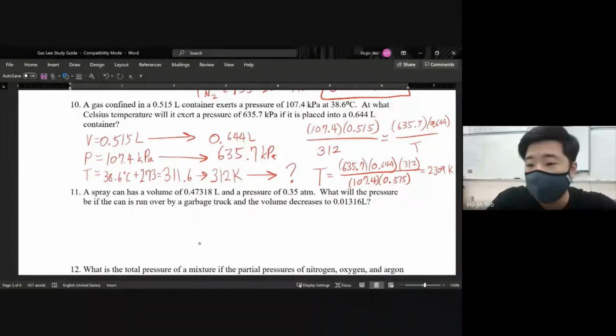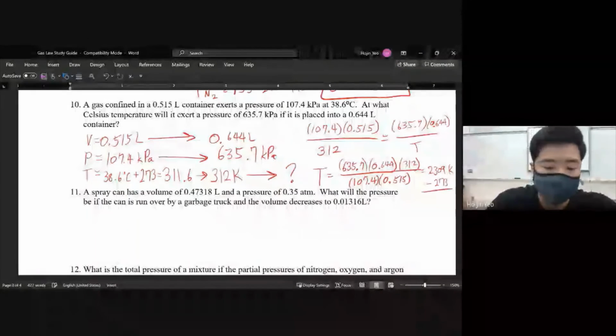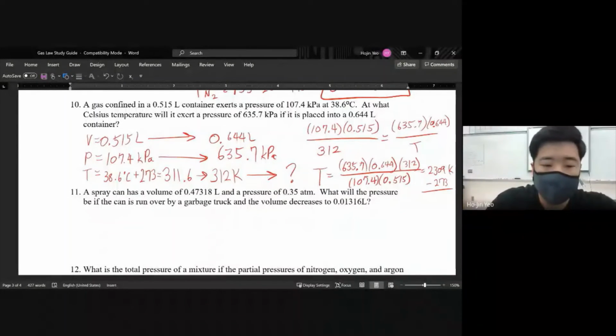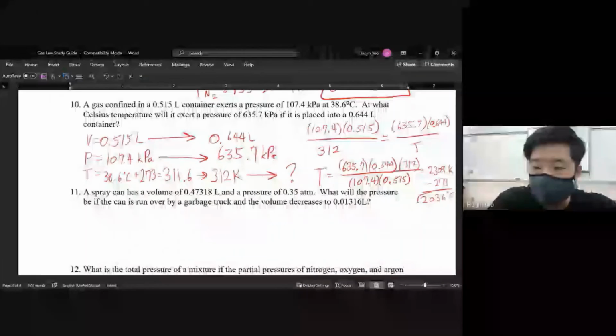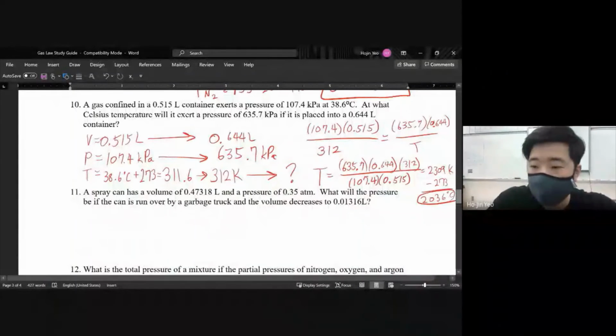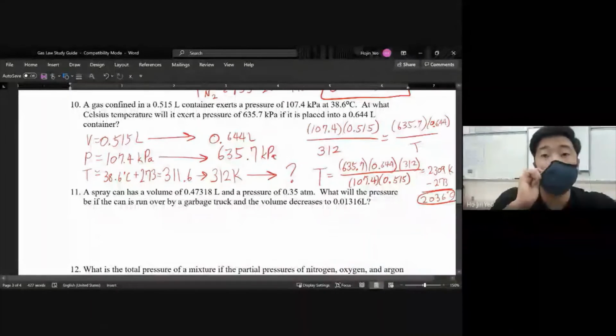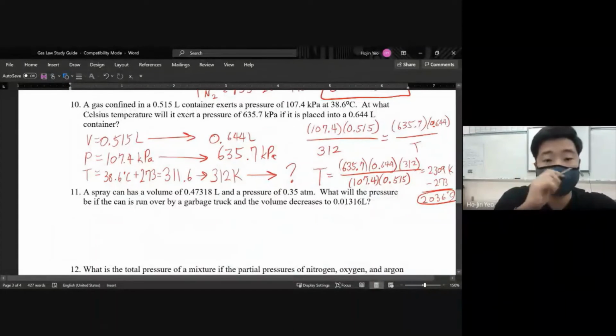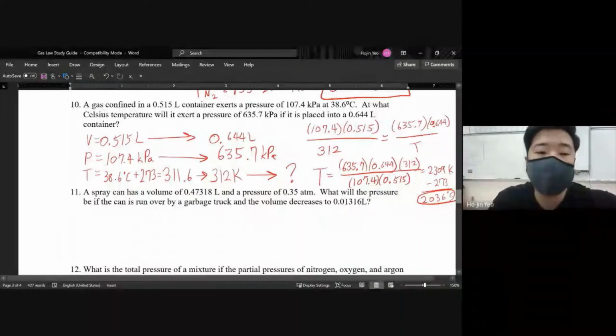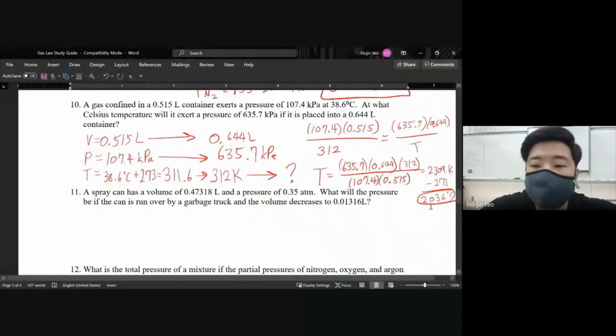But since the question is asking for Celsius, we're going to subtract 273 here. And that should give you a rough estimate of 2036 Celsius as your answer. Okay. So if that was too much, please make sure to go back and check how this has been processed.